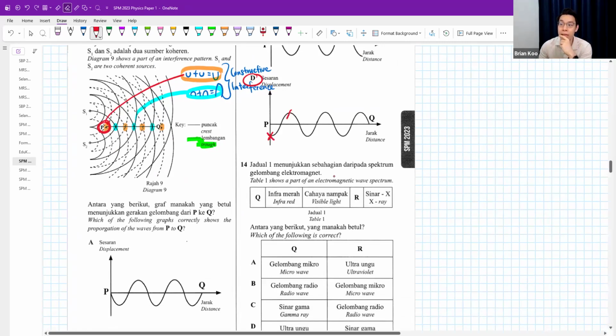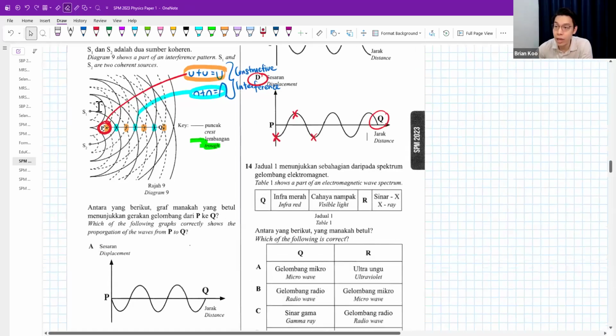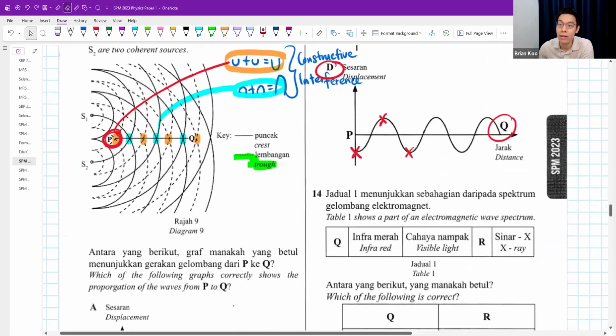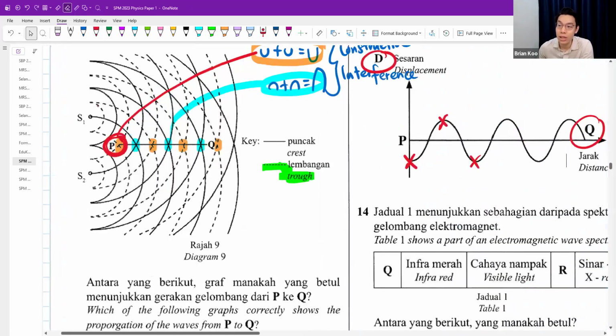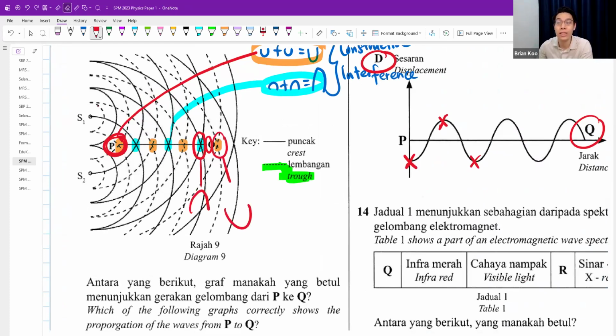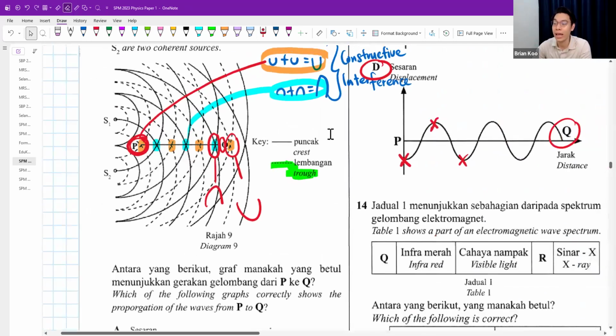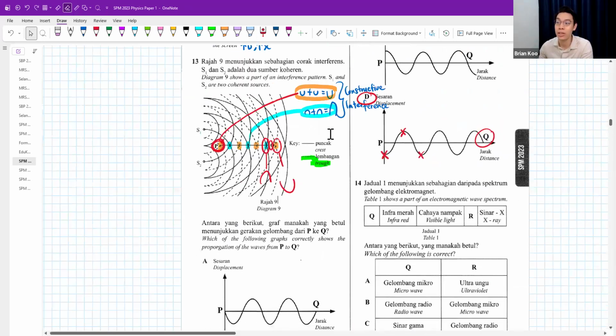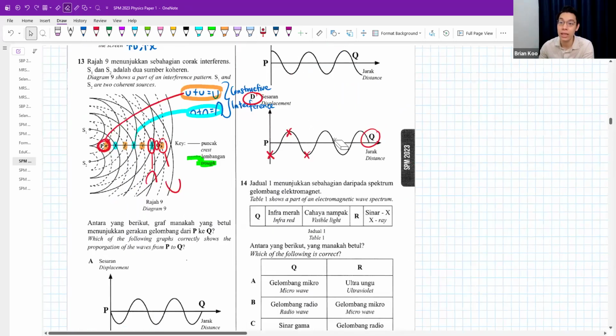And then it's going to become a very high crest, and then go all the way down. By the time it reaches Q, Q is a point you see they draw somewhere in the middle. If it's the blue color point, it's the very high one. If it's the orange color one, it is the very low graph. It is right between a very high and a very low graph. That is point Q. So the best answer is D.